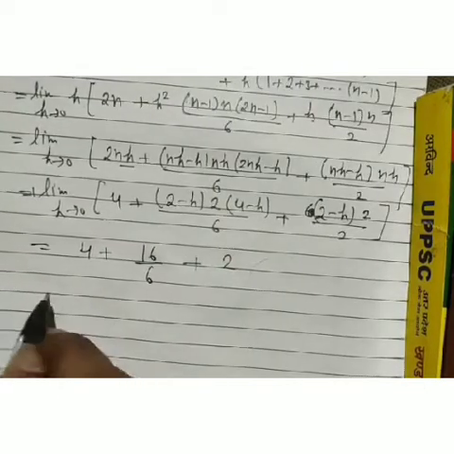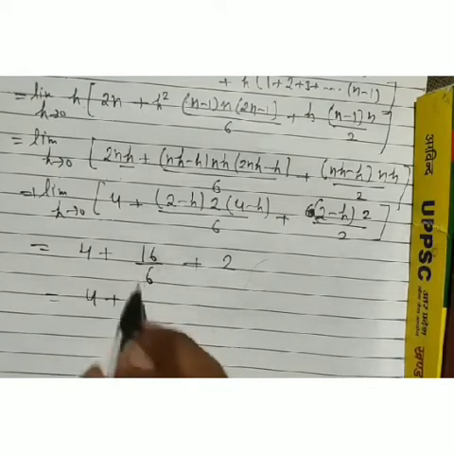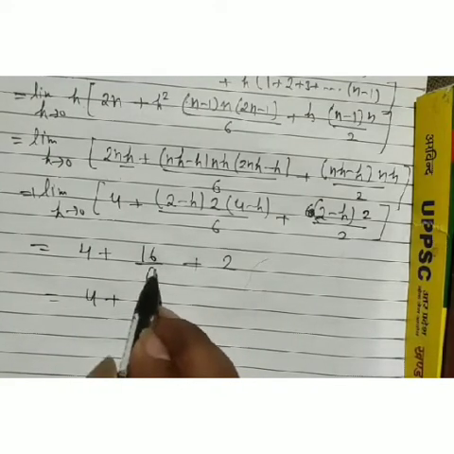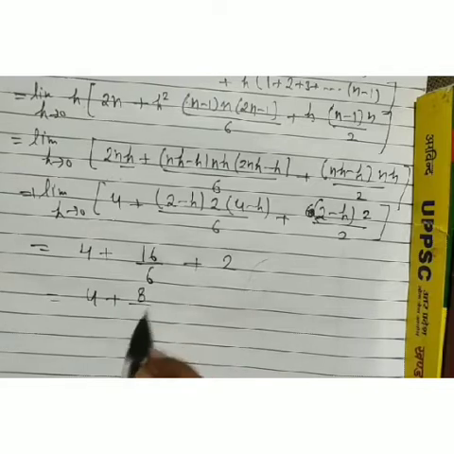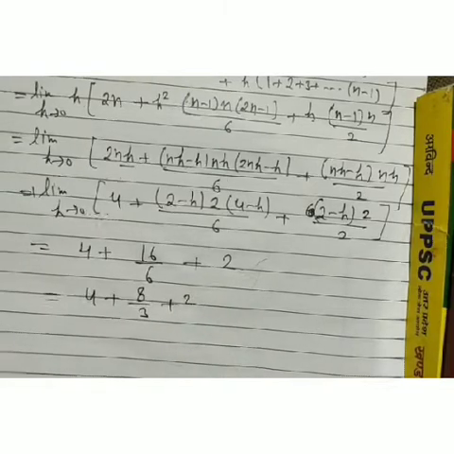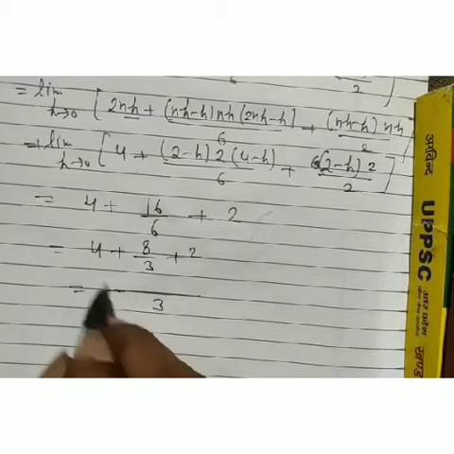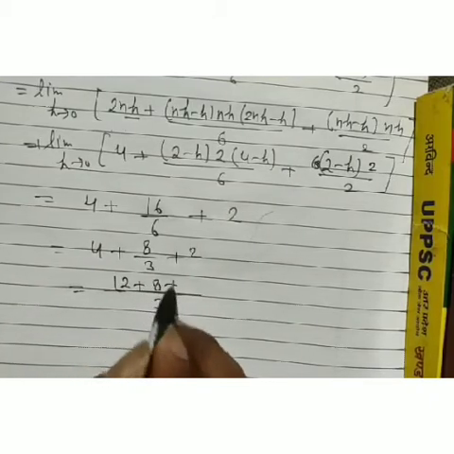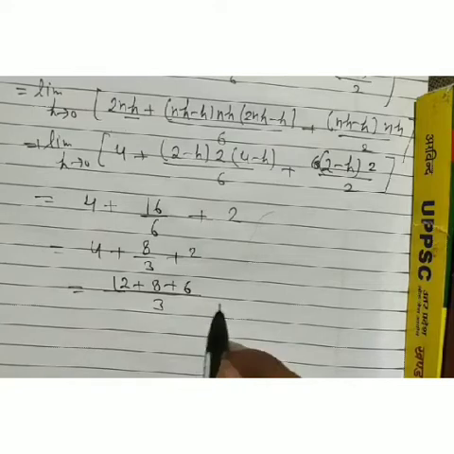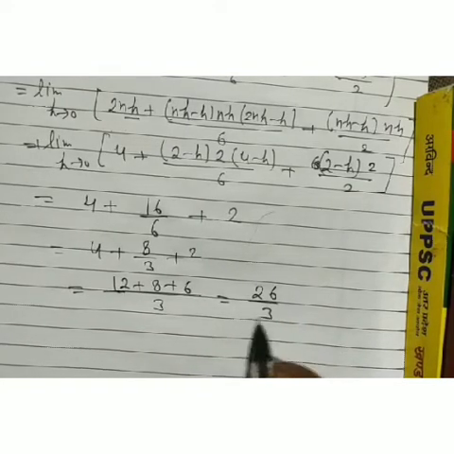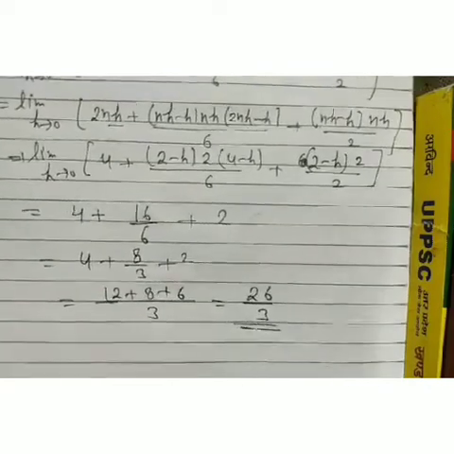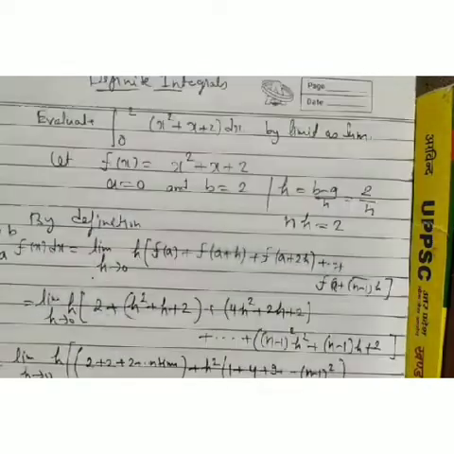Now it's 4, and after simplification it's 8 by 3 plus 2. Now we take the LCM there, which is 3. Then 12 plus 8 plus 6, 12 plus 8 is 20, it's 26 by 3. This is our required value of the integral.